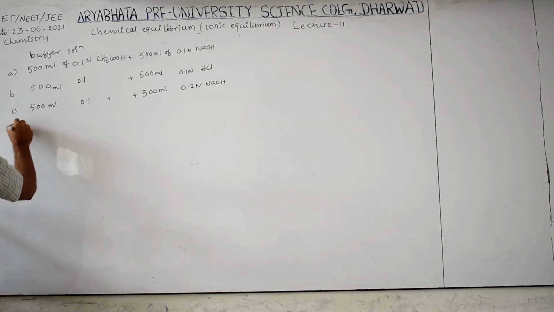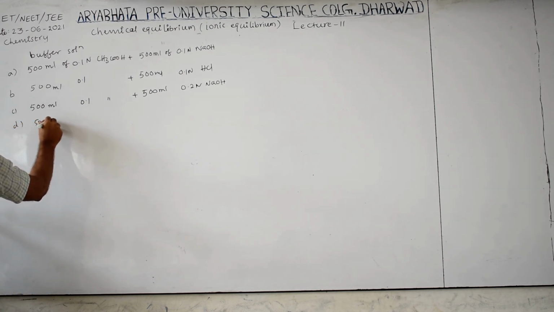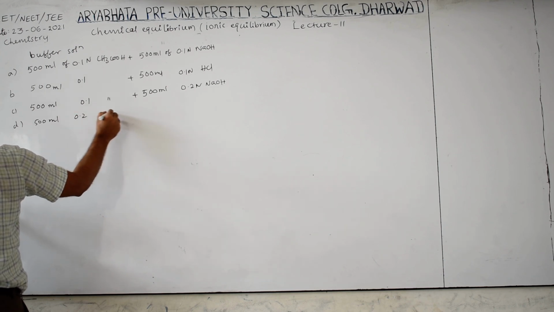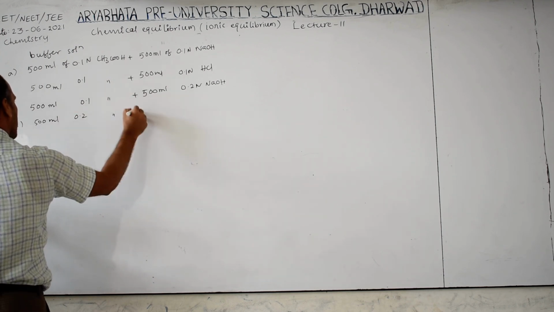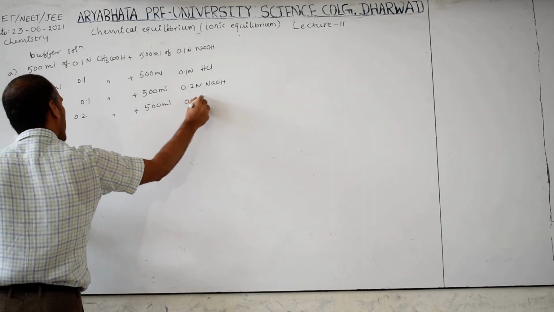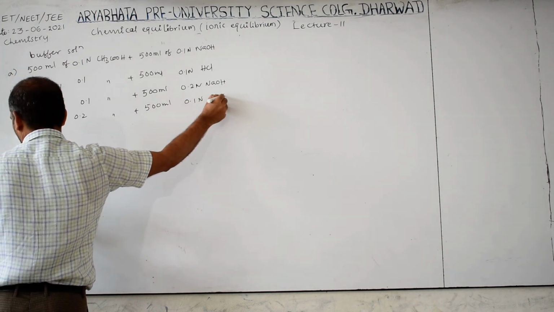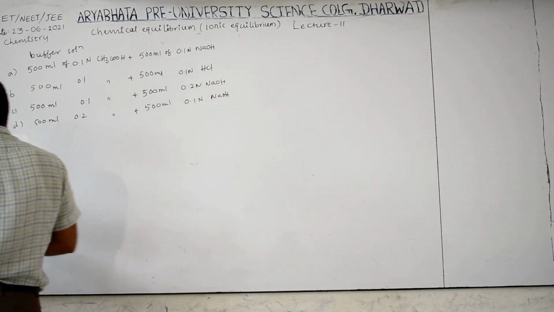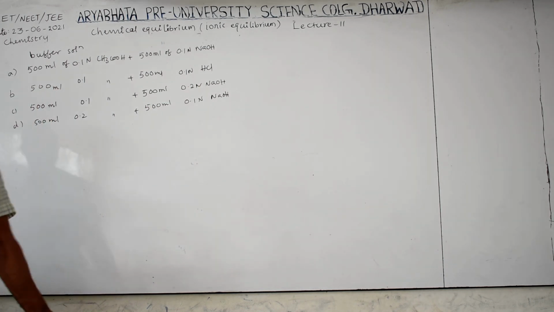Next, D: 500 ml of 0.2 N acetic acid plus 500 ml of 0.1 N NaOH. Which is the correct answer?